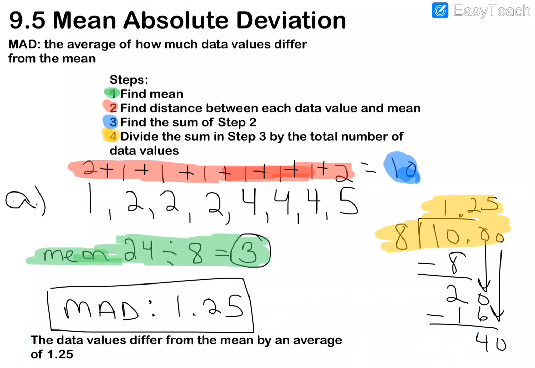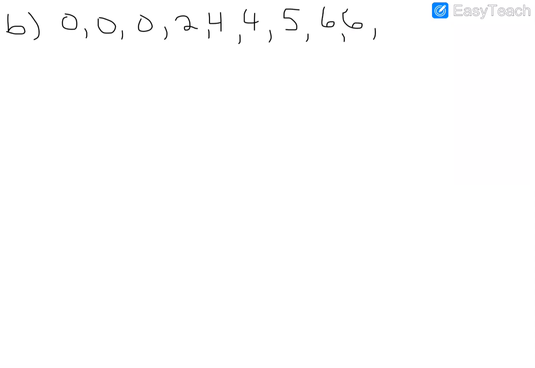Okay, so there's that. Let's do one more. Alright, so here's my data set. I have 0, 0, 0, 2, 4, 4, 5, 6, 6, and 8.